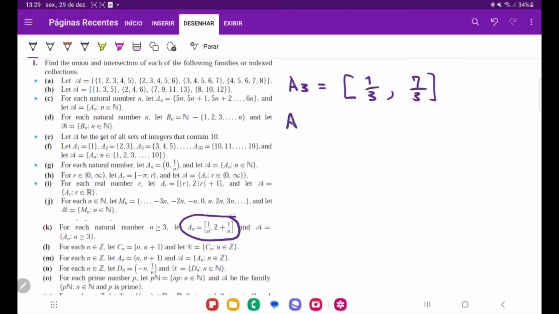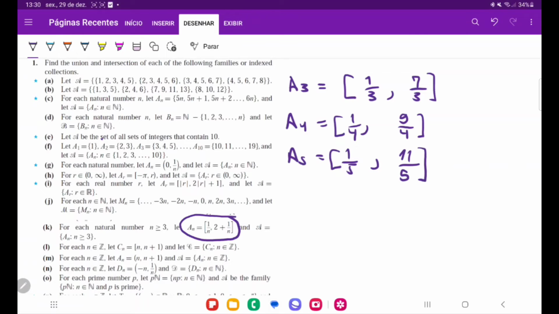And then A4 begins at 1/4, and then ends at 2 plus 1/4, so that's 9 over 4.